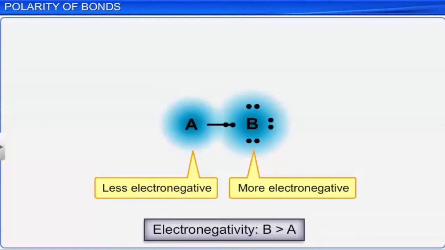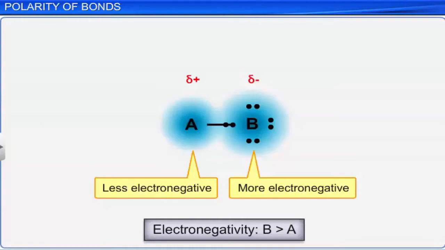As a result, the more electronegative atom gets a partial negative charge, while the less electronegative atom gets a partial positive charge. The partial positive and negative charges on the dipole are indicated by the symbols delta plus and delta minus respectively. Therefore, in heteroatomic molecules in which the two atoms differ considerably in electronegativity, two electric poles develop.